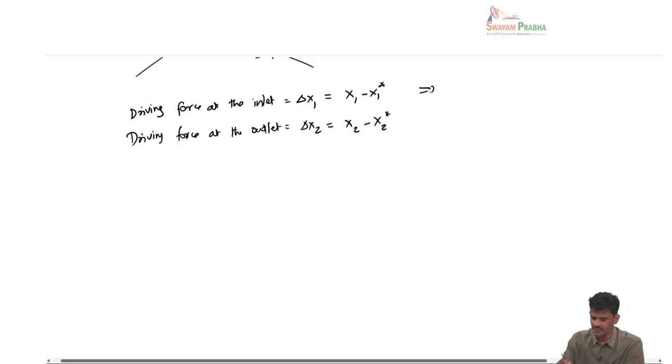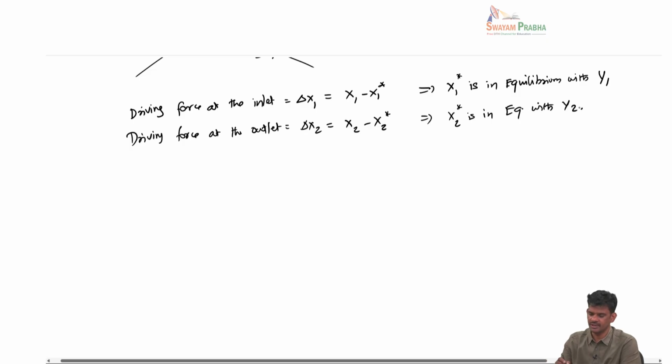Here x1 star is the mole fraction which is in equilibrium with y1, and similarly x2 star is in equilibrium with y2.